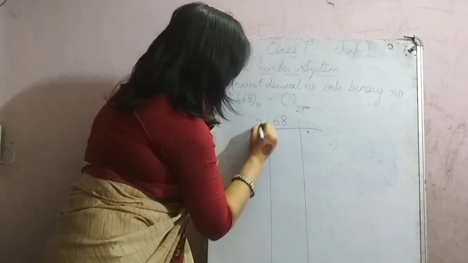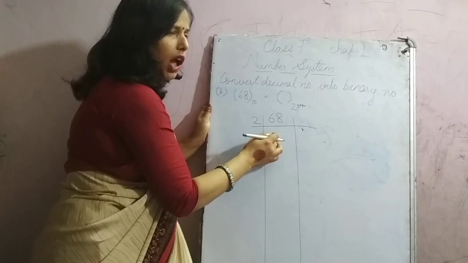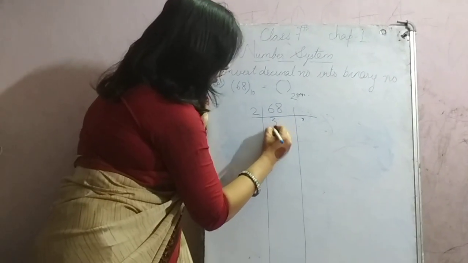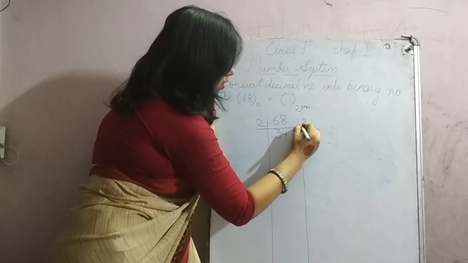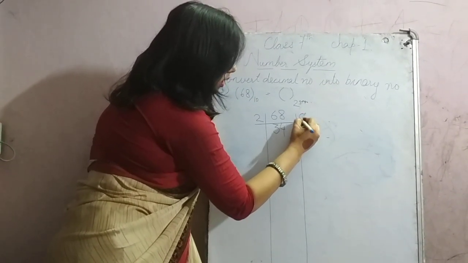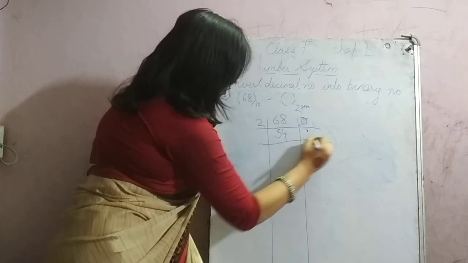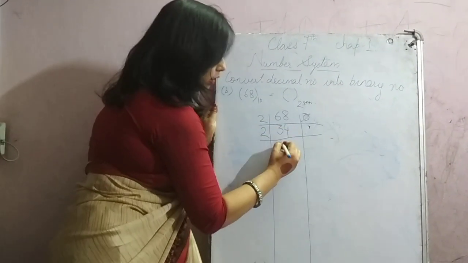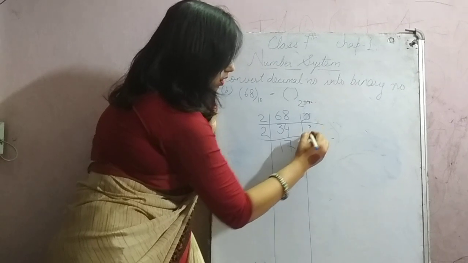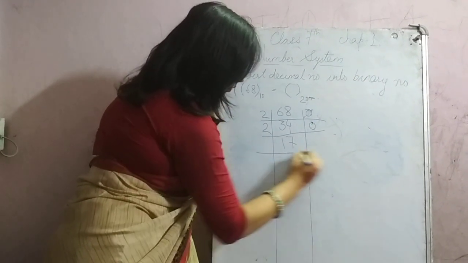68 divided by 2. What will be the answer? That will be 34. Now here the remainder will be 0. Again we have to divide it by 2. It will be 17. 0 remainder.